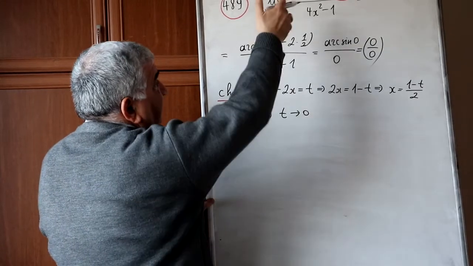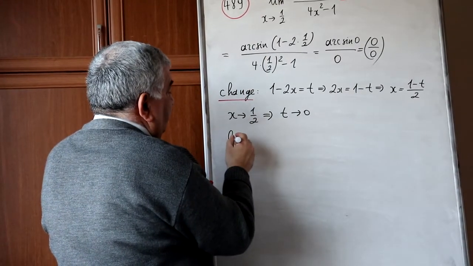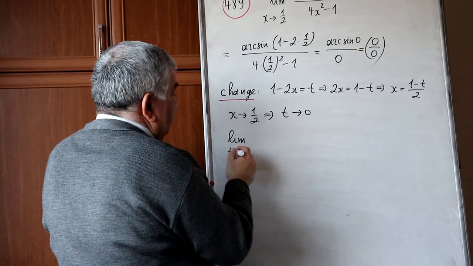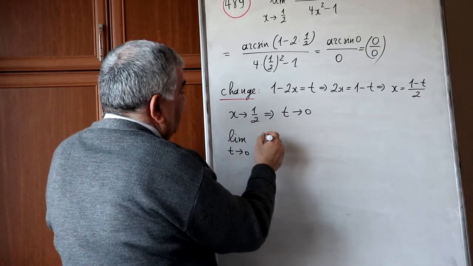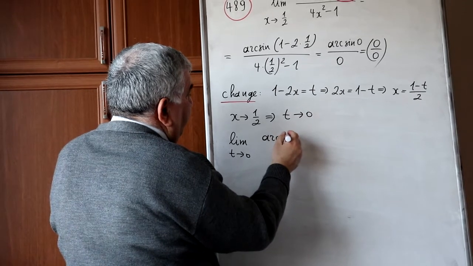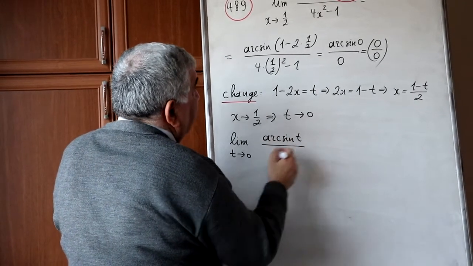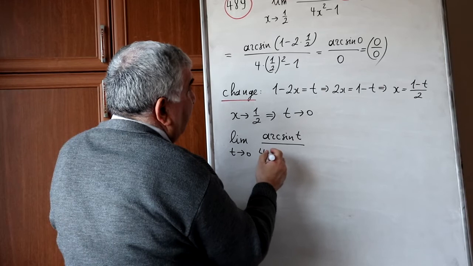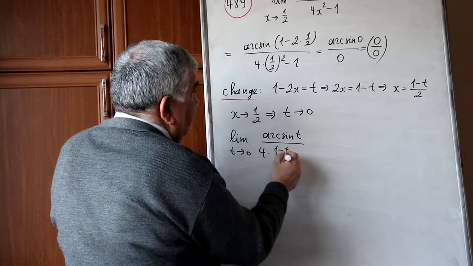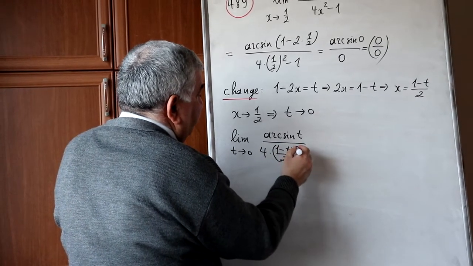Use this change in the given expression. Limit when t tends to 0, arcsine t over 4 multiplied by ((1 minus t) in half) squared minus 1.